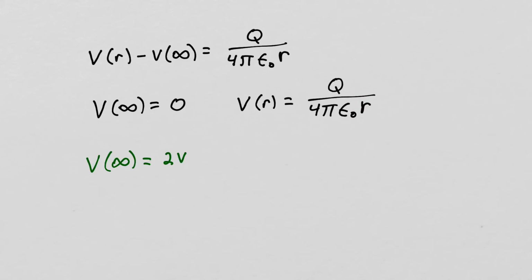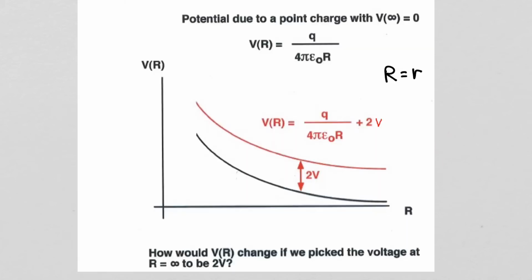It would be equally valid for me to pick 2 volts as the potential at infinity. In this case, with V at infinity being 2 volts, our potential at location R is Q over 4 pi epsilon sub 0 R plus 2 volts. Here is the plot of V sub R with V at infinity chosen as 0, and here is the plot of V sub R with V at infinity chosen as 2 volts.